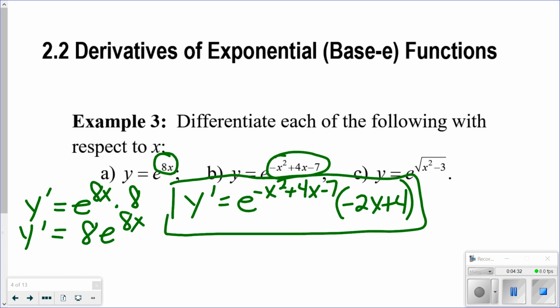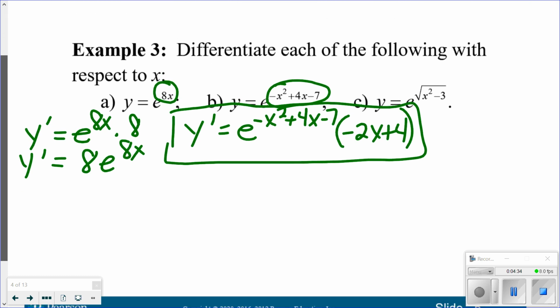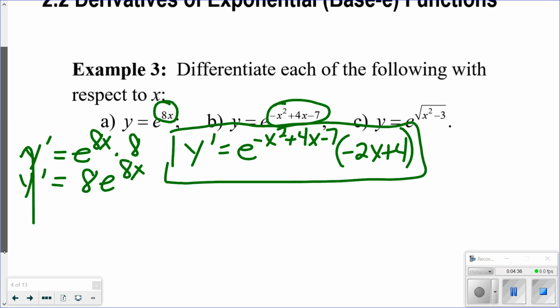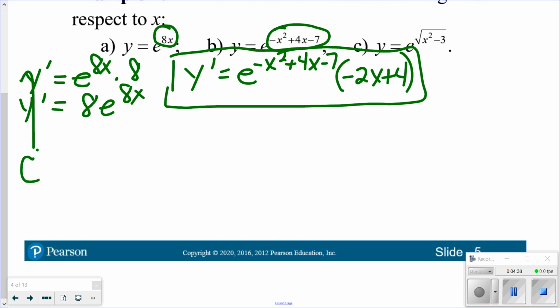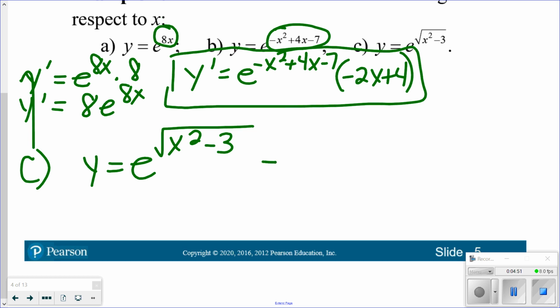I'm going to rewrite letter C down here. Okay, so C started out as y equals e to the square root of x squared minus 3. And first thing, we're not taking a derivative yet.